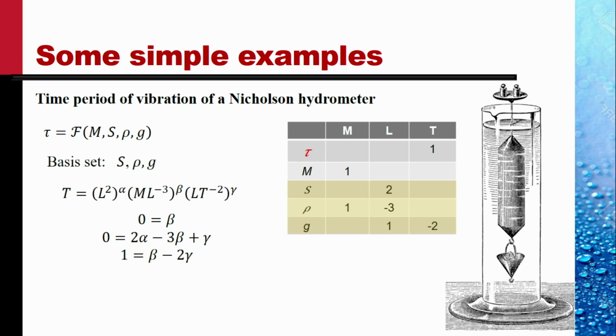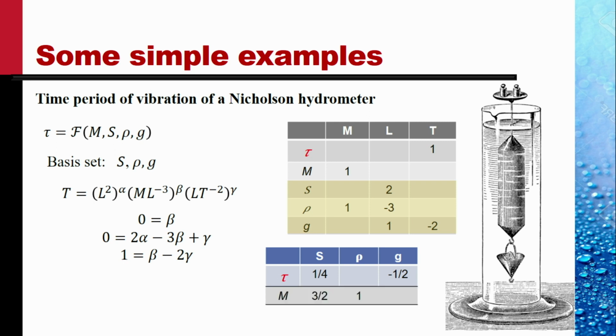From this, we can find out the dimensions of tau as S raised to power 1/4, rho raised to power 0, and G raised to power 1/4. This is for the dependent parameter, and the remaining independent parameter is m.